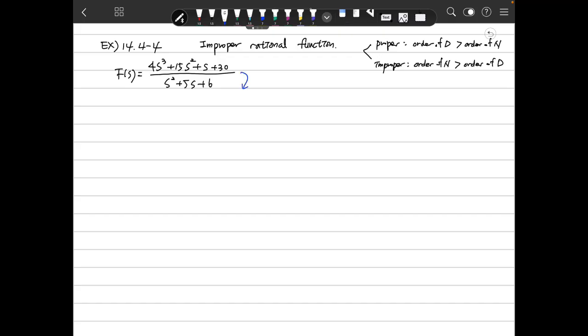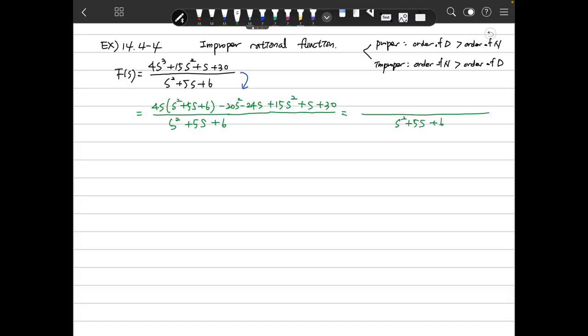How can you do that? We should use long division. Divide 4s cubed plus 15s squared plus s plus 3 by s squared plus 5s plus 6.